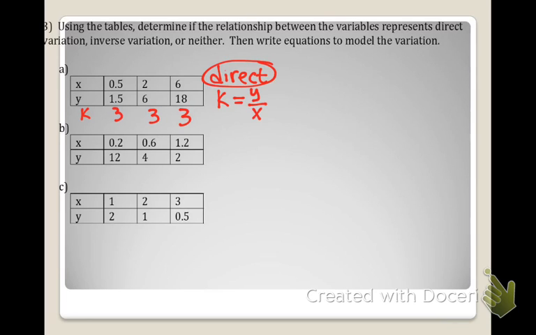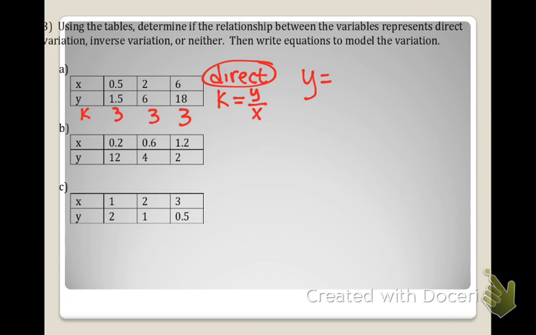And then we have to write an equation that models it. Well, luckily, we already figured out what k equals. So we just have to plug that back into our general form, leaving y and x as y and x. So for direct variation, what's our form?